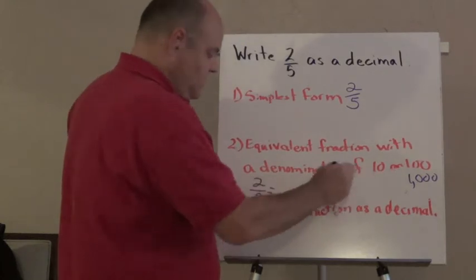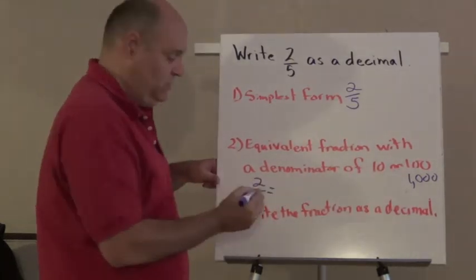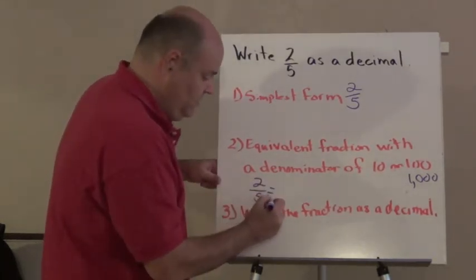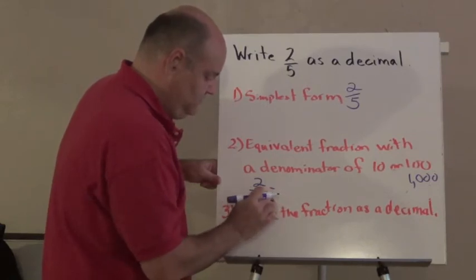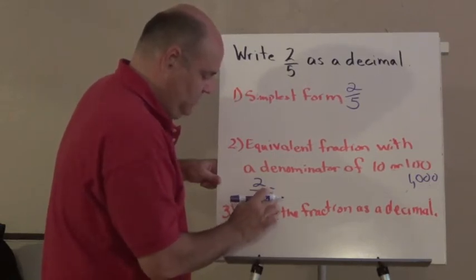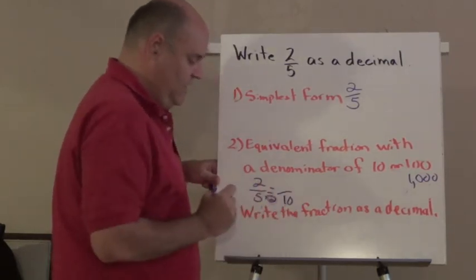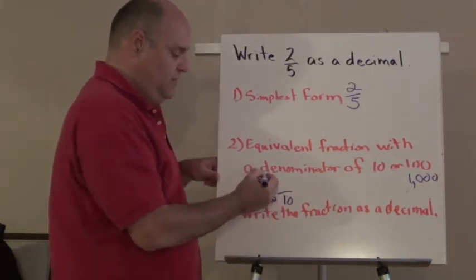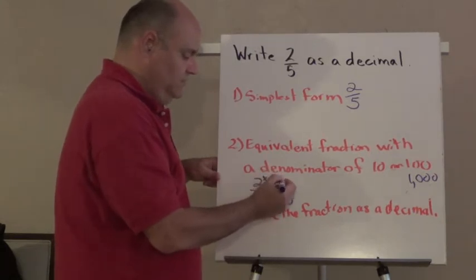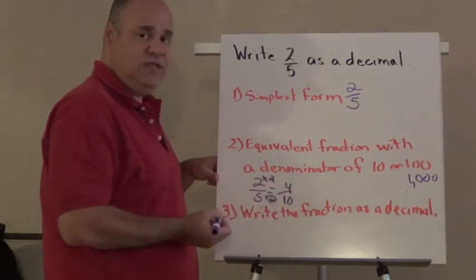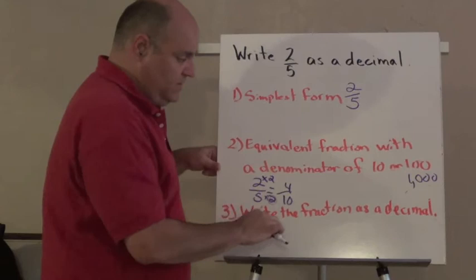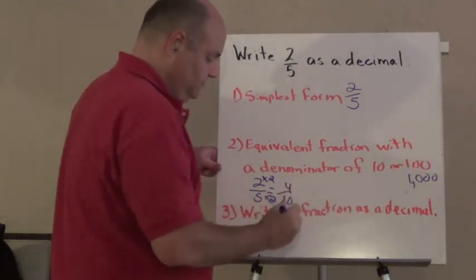I know I can make it a 10 by multiplying it by 2. So I'm going to multiply the bottom number by 2, and that'll give me my 10. Whatever I do to the bottom number, I have to do to the top number. That gives me 4.